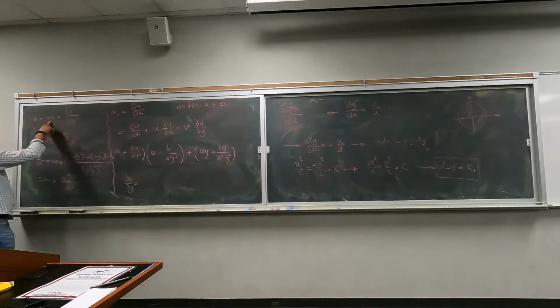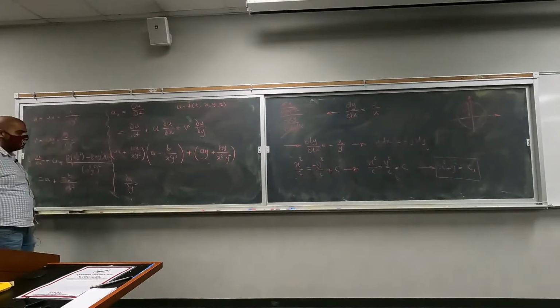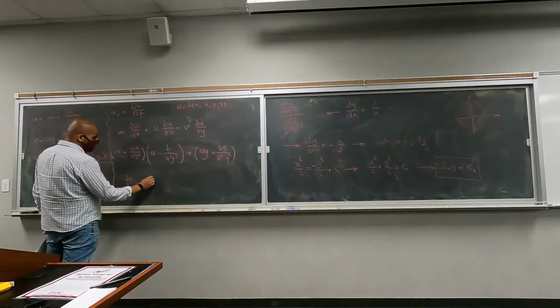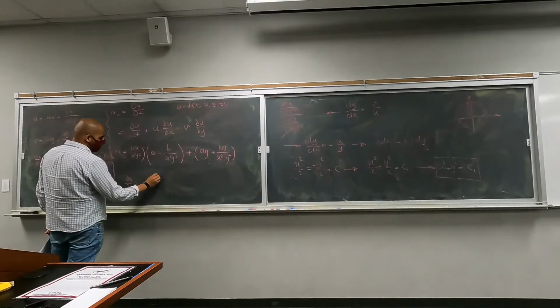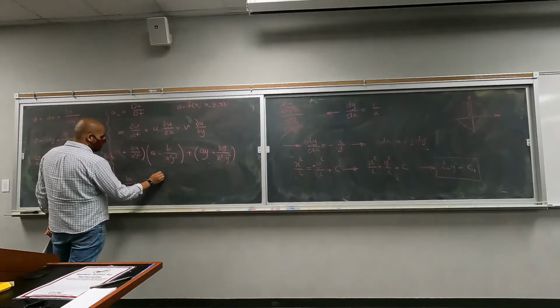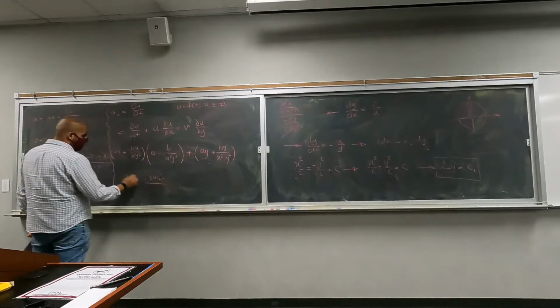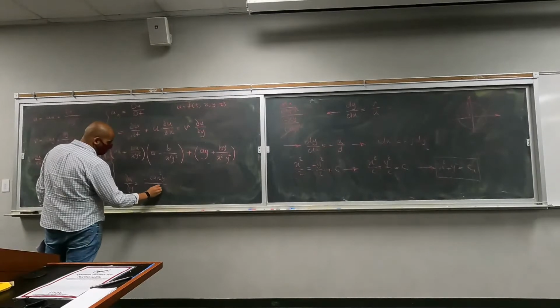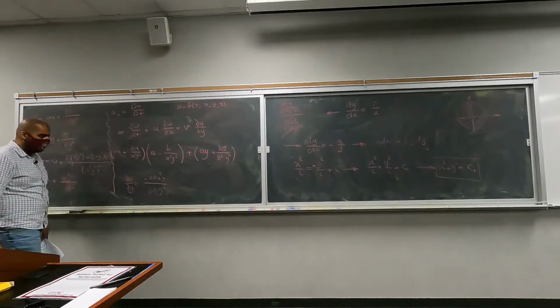This first term is going to be 0. The second term is going to be negative 2b x cubed y, divided by x squared y squared, squared.